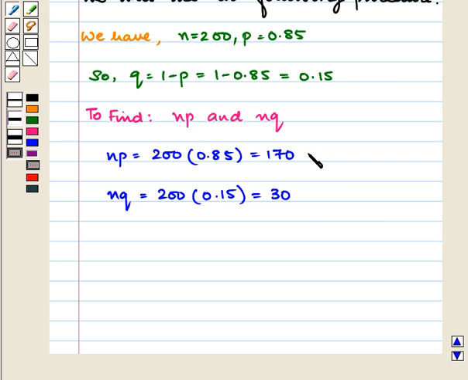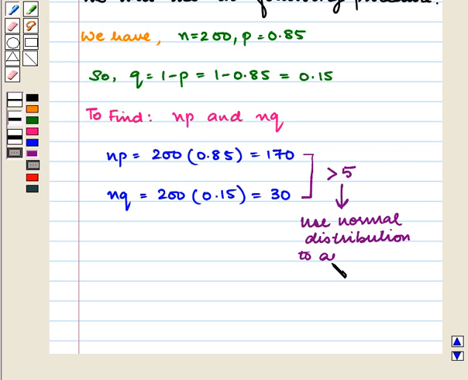Both np and nq are greater than 5, so we use normal distribution to approximate the binomial distribution.